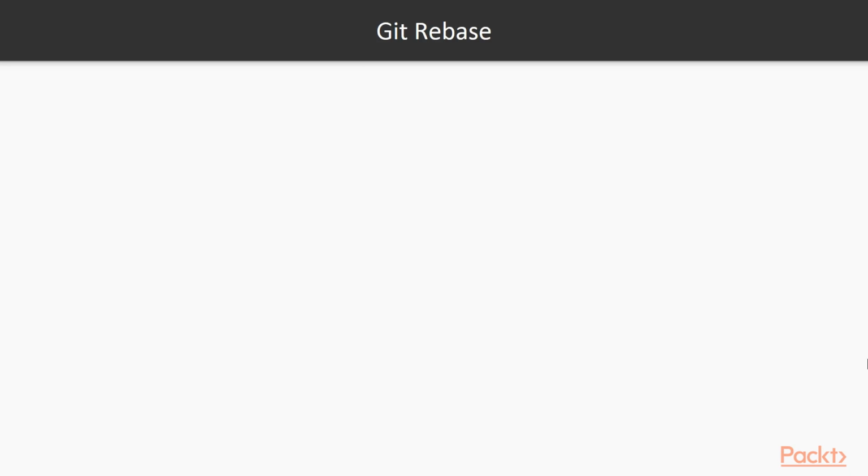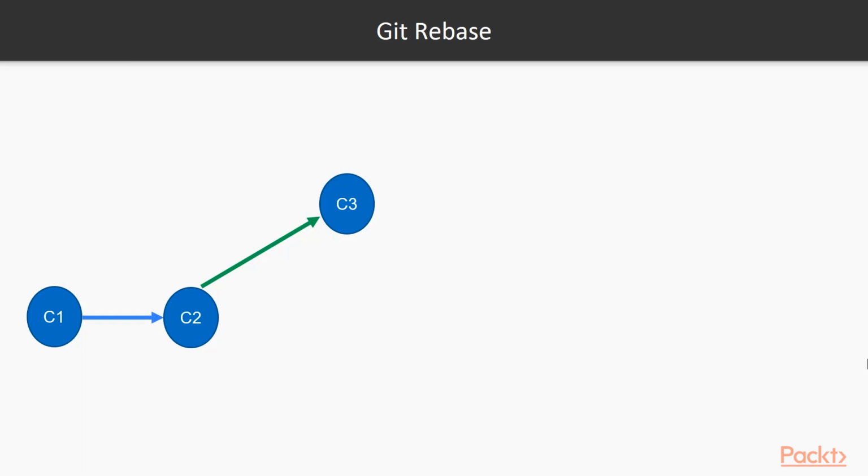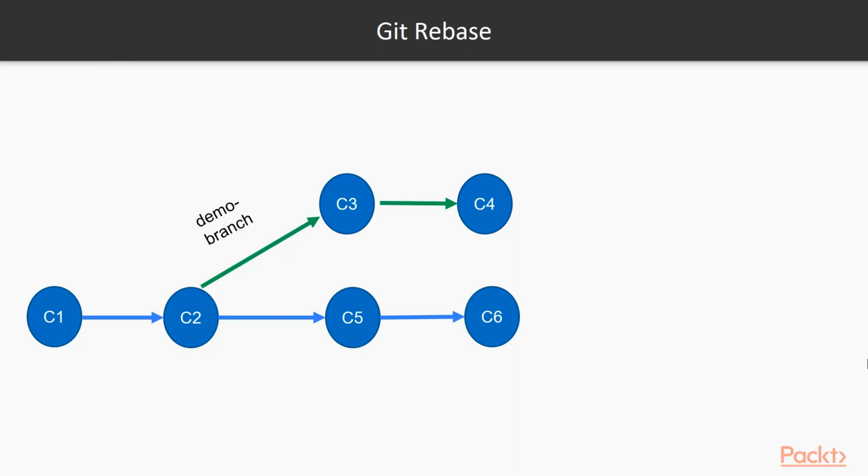Here we are in our presentation slide and will visually depict the commits. Here is the first commit we made in the master branch, and then we created the second commit, and finally we branched off and created a demo branch and its first commit, C3, and then C4, the last commit in the demo branch. And finally, we checked out back to master and created another two commits, C5 and C6.